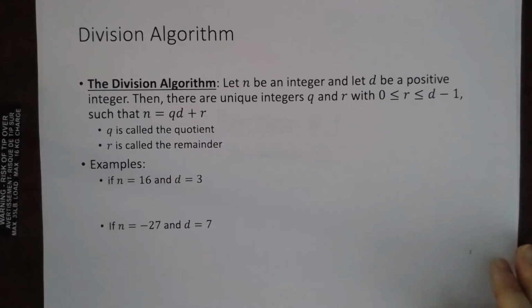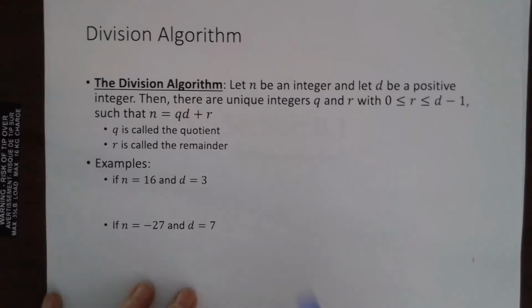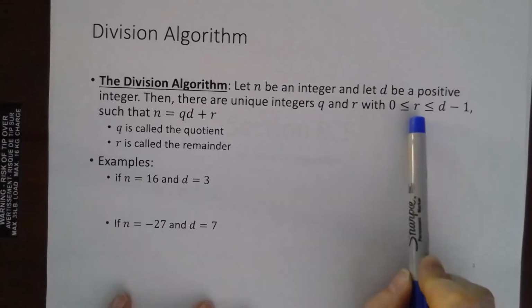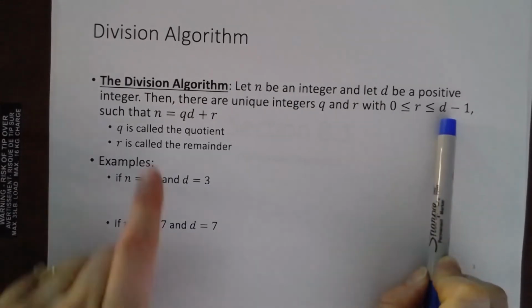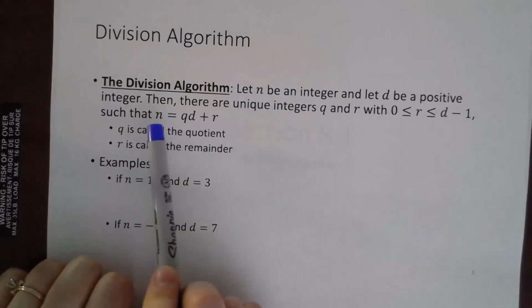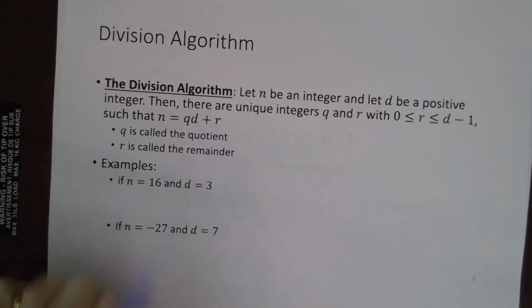The division algorithm is a sort of theorem that tells us that if we have n, any integer, and d, a positive integer, then there are unique integers q and r, with r between 0 and 1 less than d, such that we can write n equals q times d plus r. This is something you've known ever since you were in 3rd or 4th grade and learned how to divide numbers.